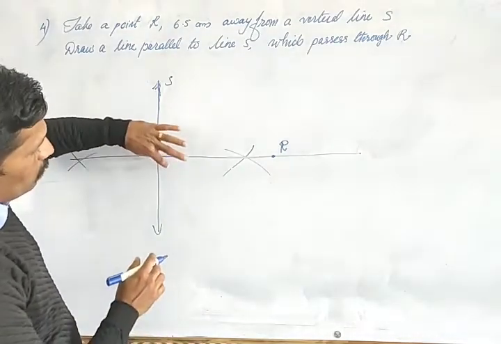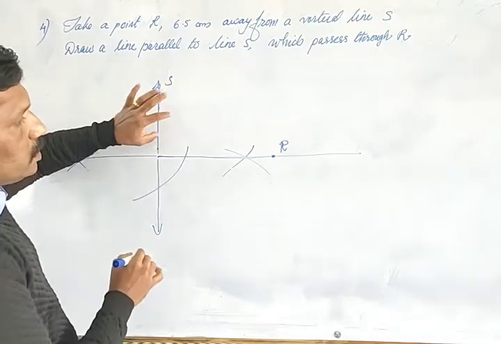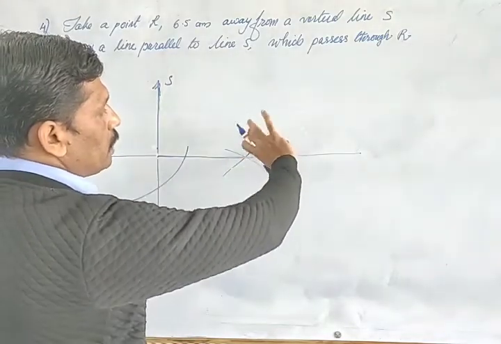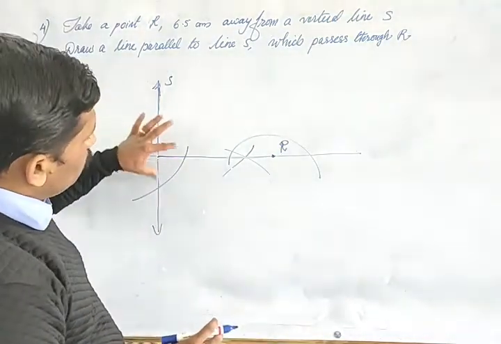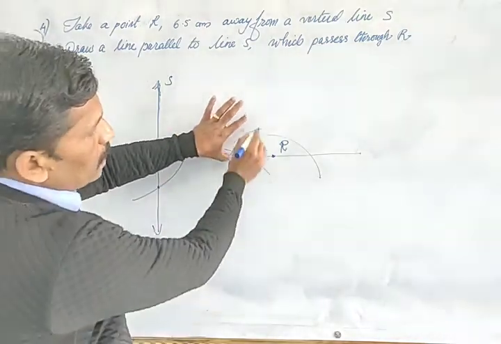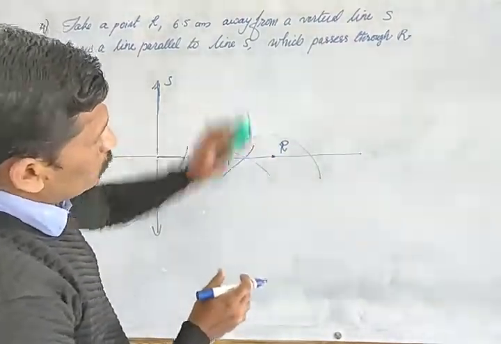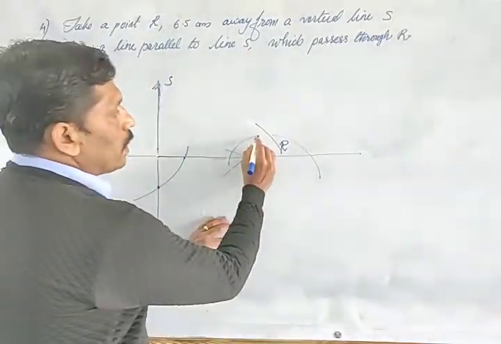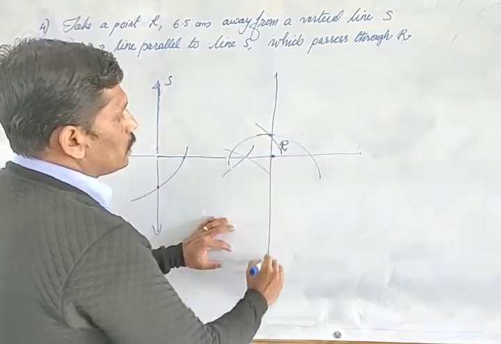So from here we take the compass and at a suitable radius we make an arc, keep at this point, and here we keep the compass and make a semicircle here, and then using the interior angle property, these two distances we measure by compass and keep at this point and cut this, and from here you can cut, and then you get a cutting point here. Through this point and this point we can join the line, and that will be parallel.